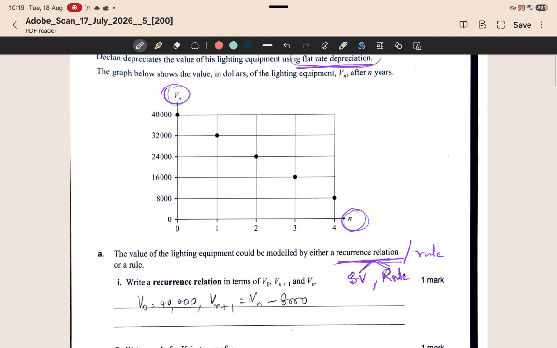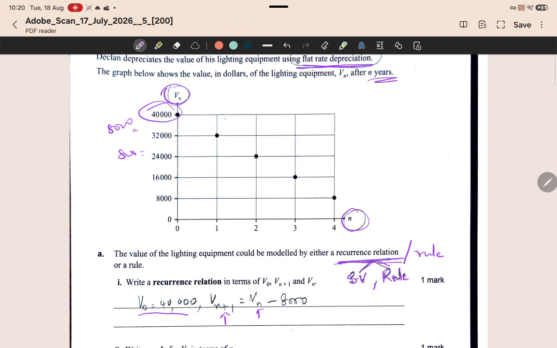So here the starting value of the equipment was 40,000, and that's what you write first, comma. The next value, because this is going yearly, the next year's value, is equal to the current year's value, Vn. And if you look at what it's depreciating by, 40,000 minus 32,000 is 8,000. 32,000 minus 24,000 is also 8,000.